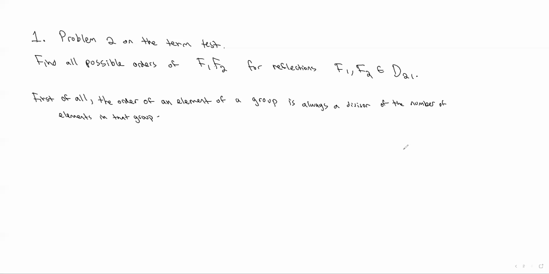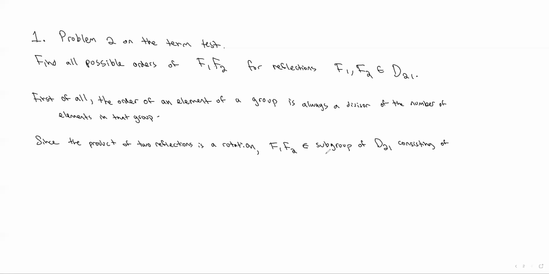Because you know that the product is a rotation. So since the product of two reflections is a rotation, F1, F2 is contained in the subgroup of D21 consisting of all rotations, and that has 21 elements.